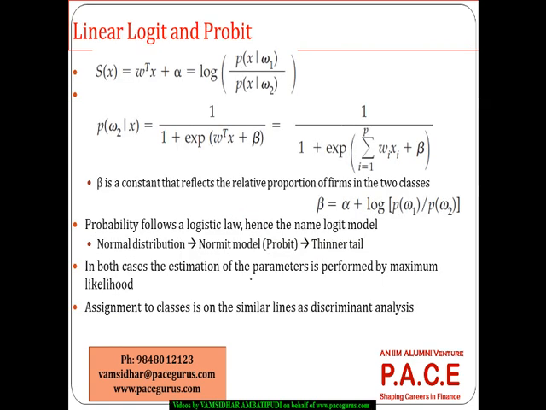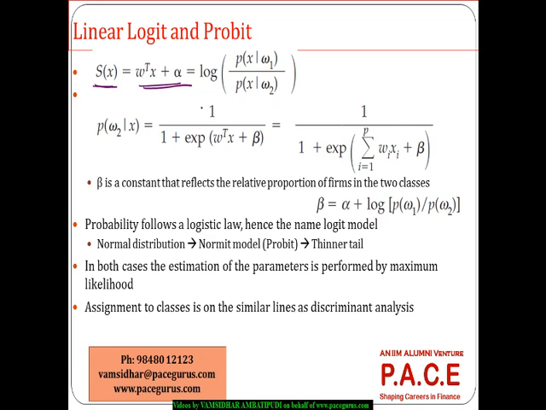Similarly, a small improvisation over linear discriminant analysis itself comes out with logit and probit. If you look at it, the same S of X, the score where we used W transpose X plus alpha, I can write as the probability of X given omega 1 divided by the probability of X given omega 2.